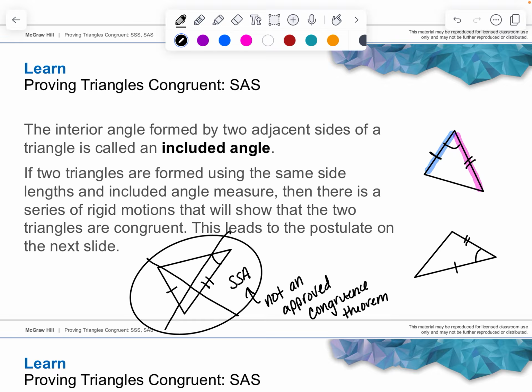We'll spend a lot more time talking about that in a few more sessions. But for now, you may only use two sides and an angle when the angle is included, okay? Only when the angle is included, okay?